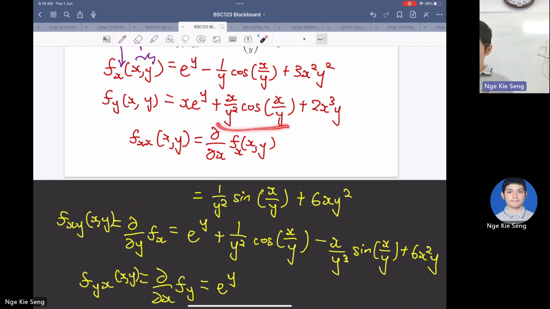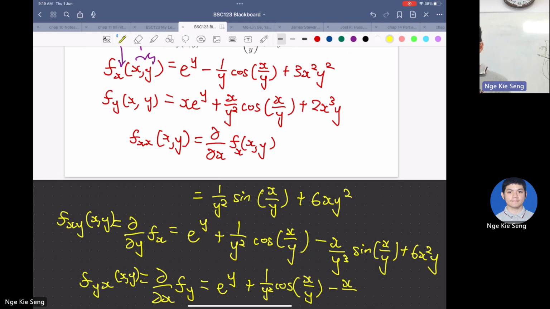And then you differentiate the second term with respect to x, you need to use the product rule. Our first term drops out as 1 over y squared cos x over y. How about the second term? You differentiate cos x over y, you get minus x over y cubed, because the derivative of x over y is 1 over y. But you differentiate cos, you get minus sine x over y.